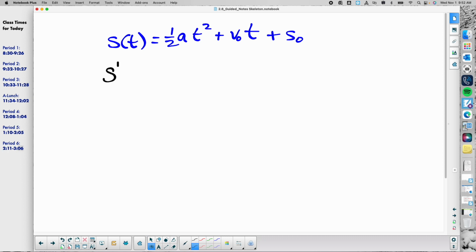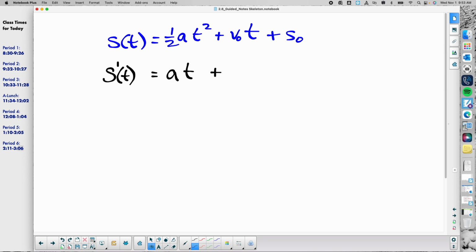If I take a derivative, one half and a are numbers. T is the variable, because of the way they write the function. So this would be 2 times 1/2 at, so that'd be a, and then t, I would drop down a power. V0t is like saying 5x.